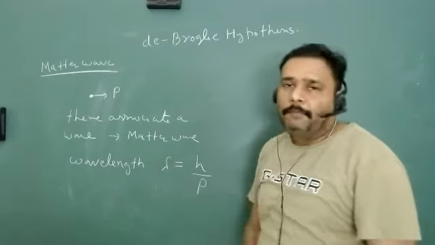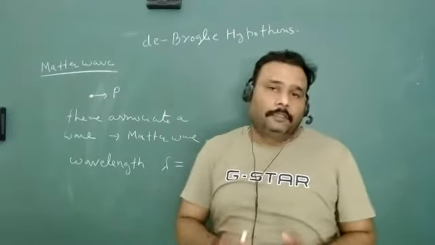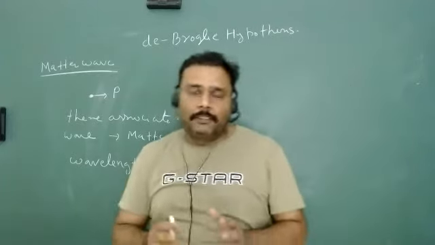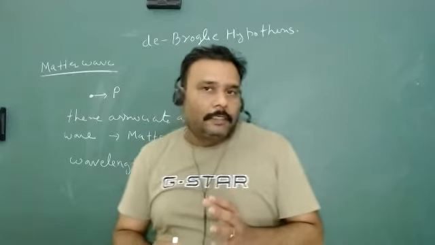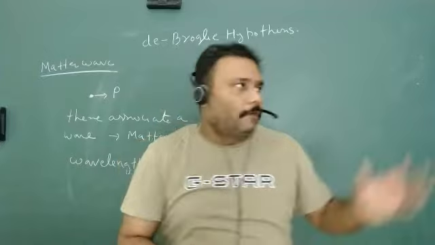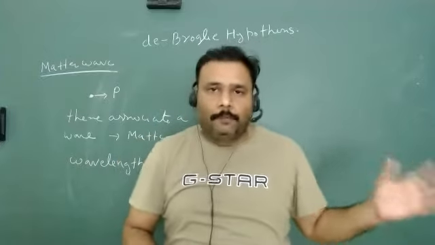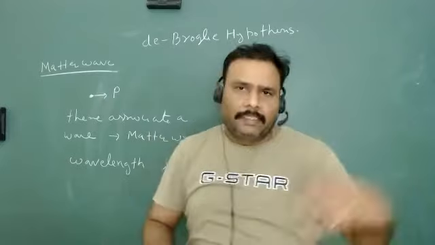But look at this beauty of modern physics or quantum mechanics. Two persons who thought beyond in a very different way. One was Bohr, whose theory we have seen. Another was de Broglie. Bohr was, I think, Danish.